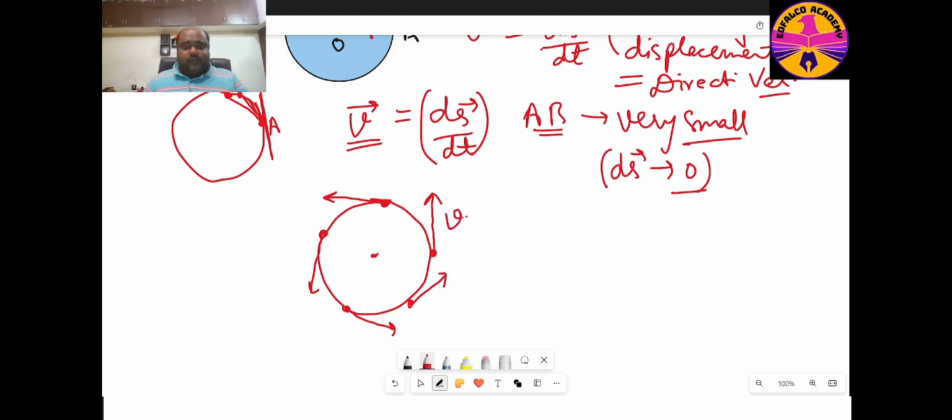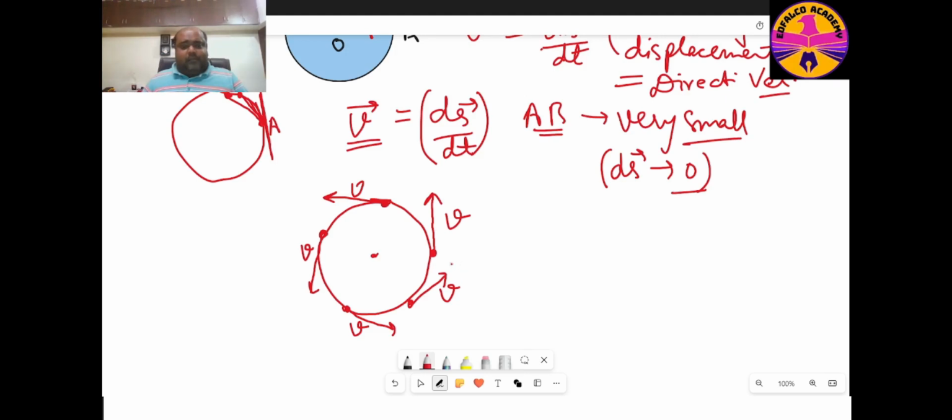The magnitude of this velocity vector, which is the speed, is always the same. So everywhere the value is v, but the direction is always changing throughout the motion in the circle. So that's one thing about velocity and its direction, why it is tangential at any particular point.